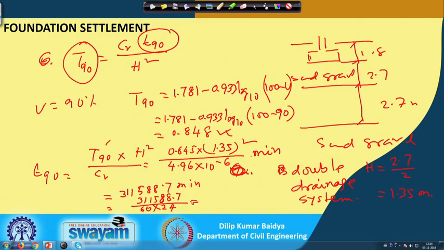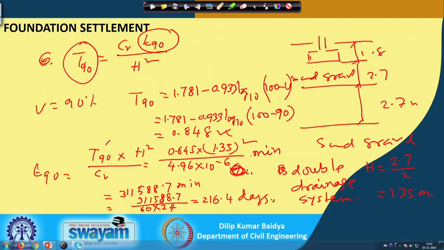If the days become very large, again I can convert into month or year also. So, further I can divide by 30, then it will be in month, and if I divide by 365, then it will become year also. So, by doing this I will get 216.4 days.